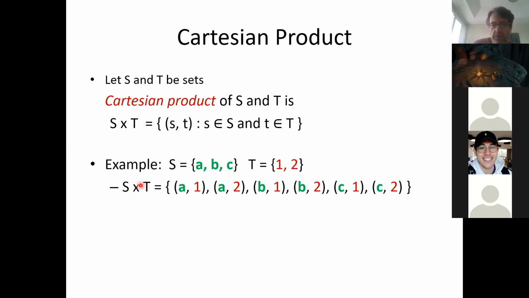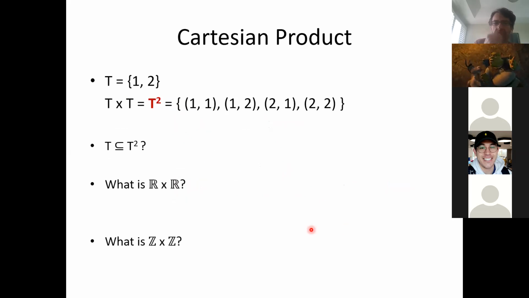A Cartesian product of these 2 sets is the set of all pairs such that the first element is in this set and the second is in this set. So there are 6 such elements: A1, A2, B1, B2, C1, C2.